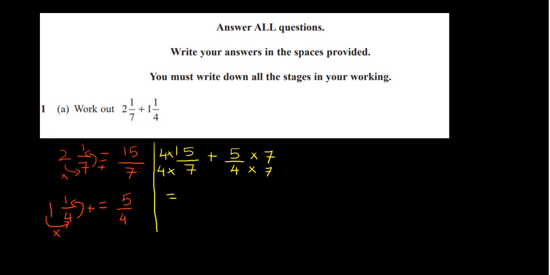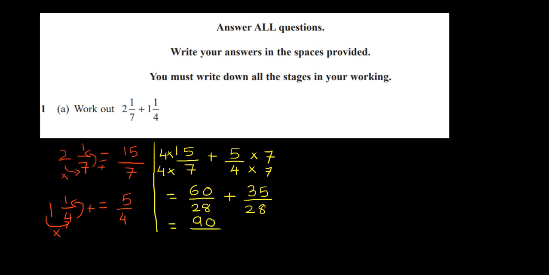So that gives me 4 times 15, which is 60 over 28, add 35 over 28. This gives me 90 over 28.